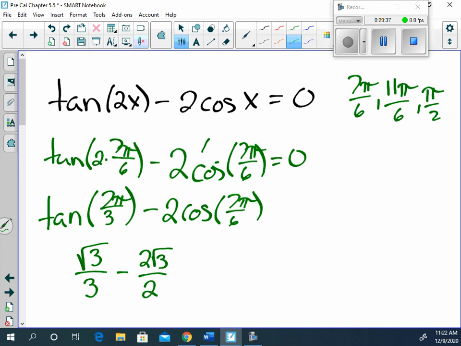So negative 2 times square root of 3 over 2? Yeah, and if we multiply it by 2, it actually just works out to be... well, it doesn't work, does it? Because here it's not going to give us 0.